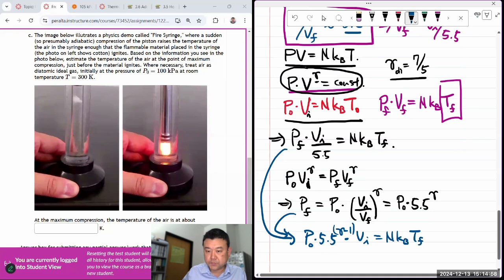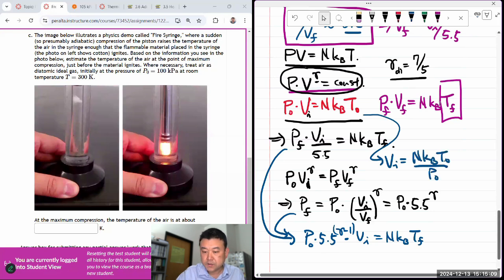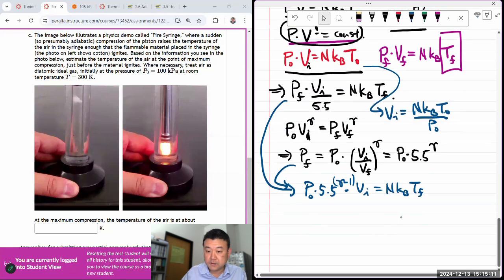And let me have this expression for V initial. V initial was N k_B T initial divided by P initial. So I can plug that in. Oh, P initial cancels out, I think. Yeah, I don't even need a P initial.